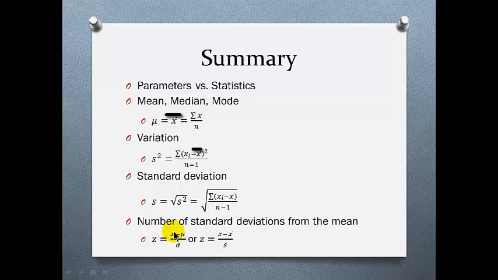We take the value minus the mean and divide by the standard deviation. This is also an x bar. It works with a sample or it works with the population. Both exactly the same. So on the homework, you're going to calculate some means, medians, modes, variations, standard deviations, and the number of deviations from the mean. And then we'll get to Excel later to see how we can do this on Excel.